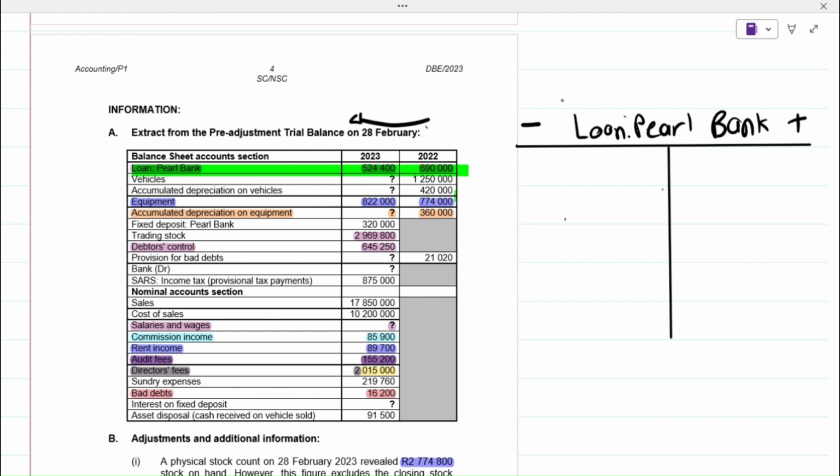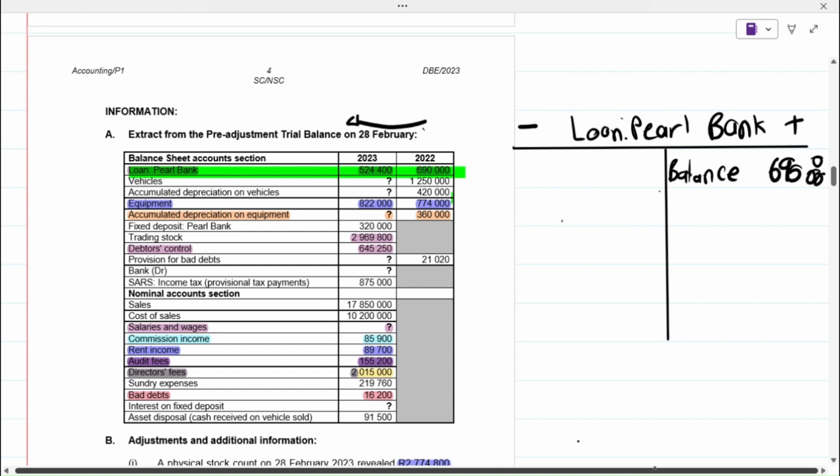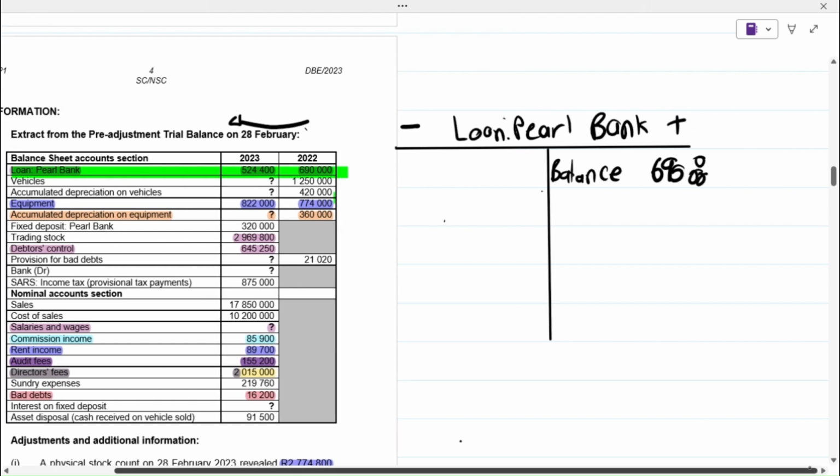Let me just make some space. My balance at the beginning is 690,000.